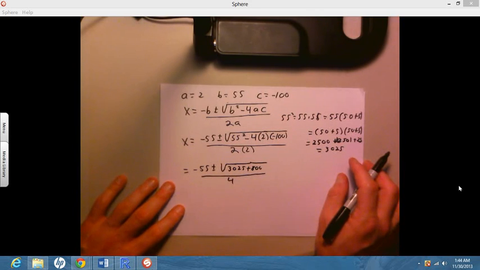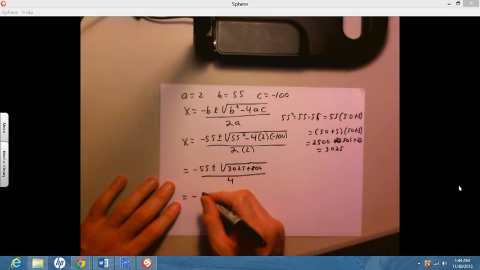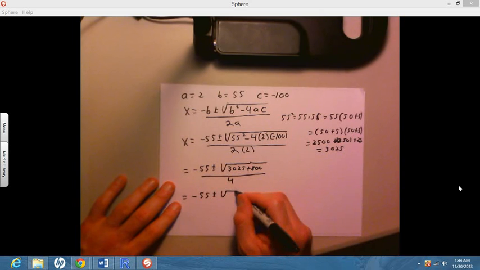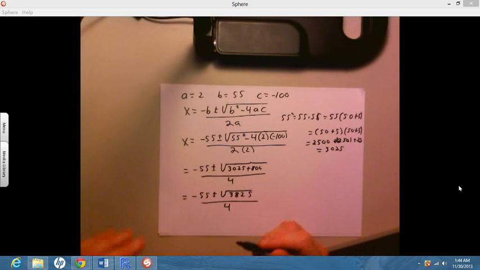Now this is going to equal negative 55 plus or minus the square root of 3,825 divided by 4. Now I'm pretty sure that this does not have a square root, so I think we will leave our answer in this form.